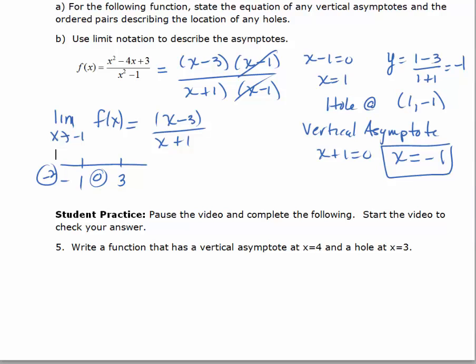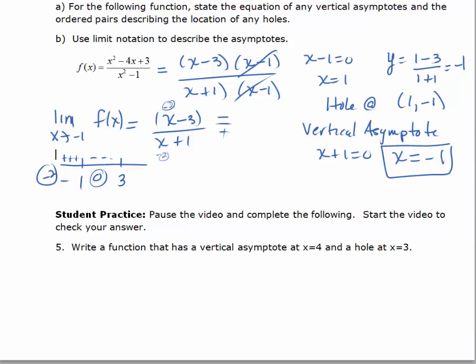It's just one possible choice. When I substitute negative 2 into the function, I get a negative in the numerator and a negative in the denominator, so that will give me a positive. And when I substitute 0 in, I get a negative in the numerator and a positive in the denominator, so I'll get a negative.